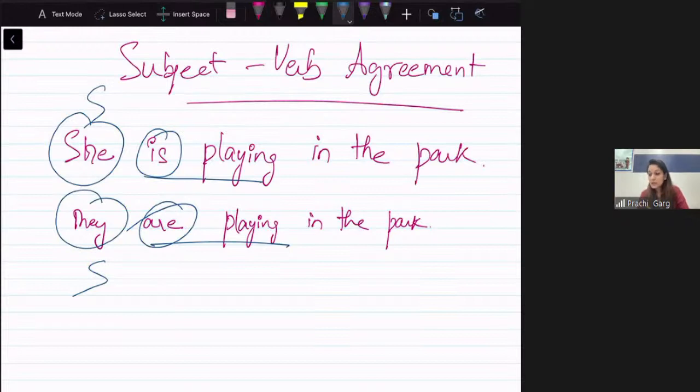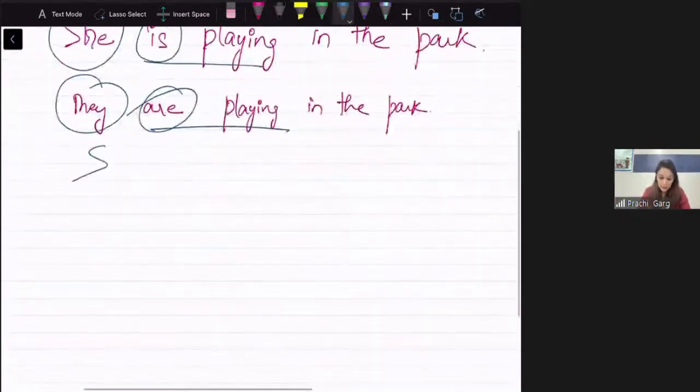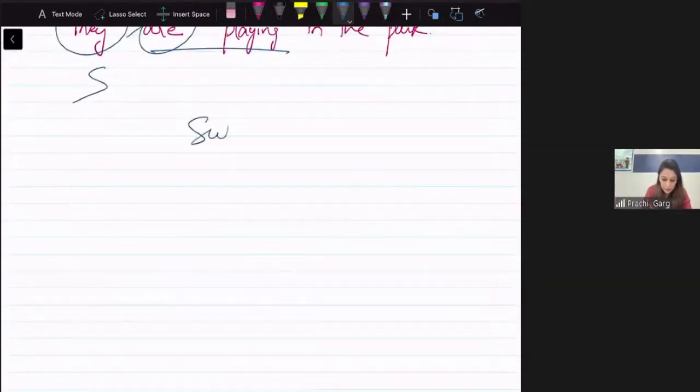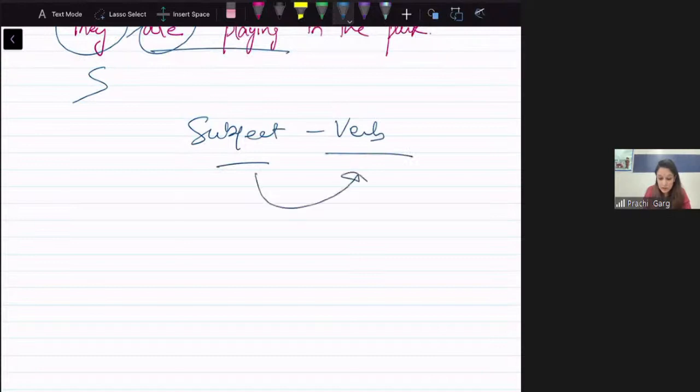Subject verb agreement, what does it mean? A subject in a sentence and the verb in a sentence should agree according to the number of the subject. Am I clear? I hope I am audible to everyone now.